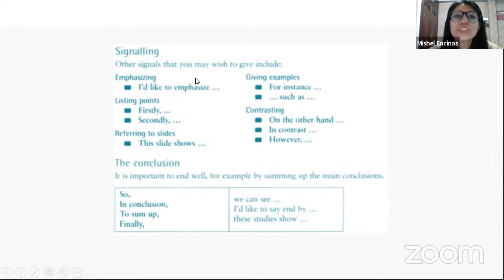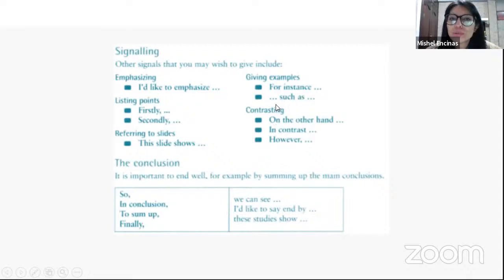Signaling. Other signals that you may wish to give include emphasizing. Okay, I'd like to emphasize, and you give your example. Listing points. Firstly, we found that, right? And secondly, we also found that these can help. Then referring to slides. These slides show, that is when you are making an exposition, right?